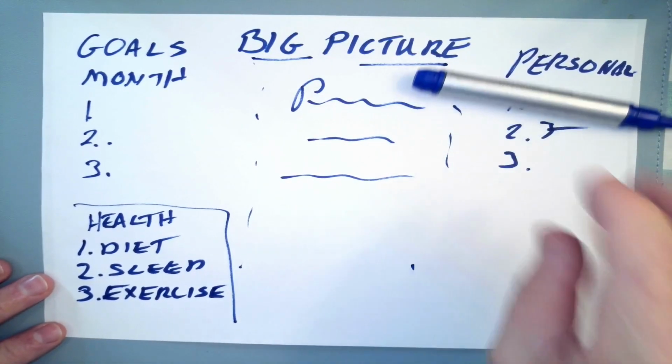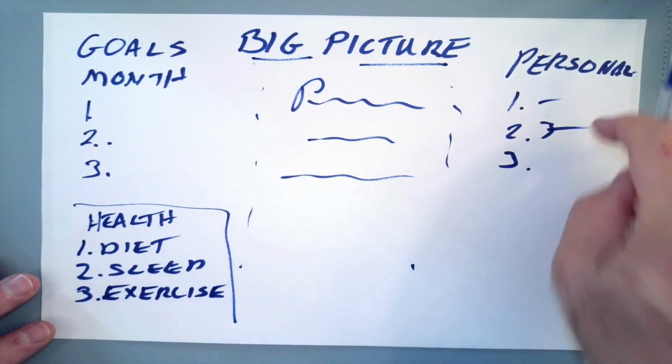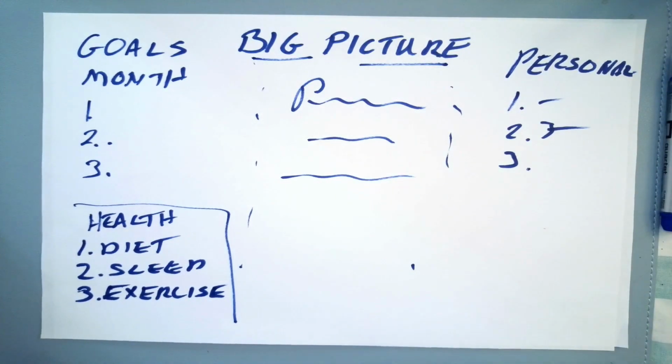I then contemplate what's on the board, what needs to be updated, what needs to be added, and that allows me to keep track of the big picture of my life, whether it is work or personal. Family activities could be there. Other more personal things, such as how to improve my relationship.